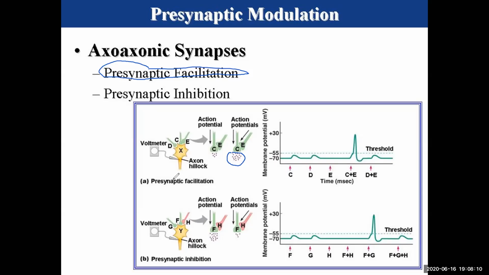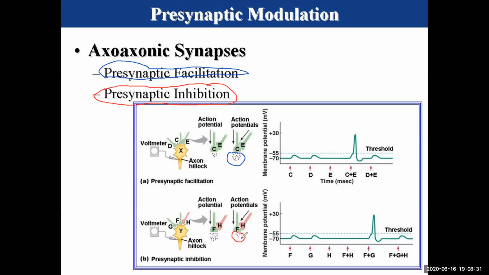Down here, we talk about presynaptic inhibition. So now neuron H in pink prevents neuron F from releasing its neurotransmitter. So here we have less neurotransmitter.